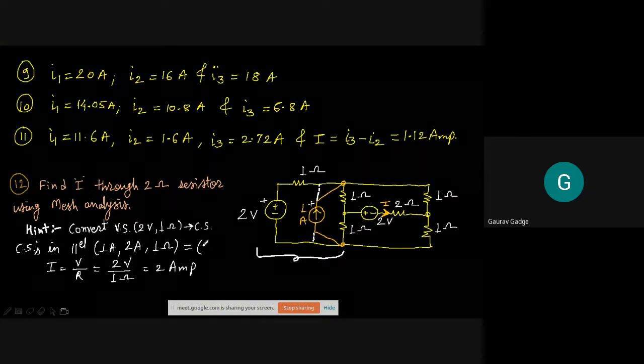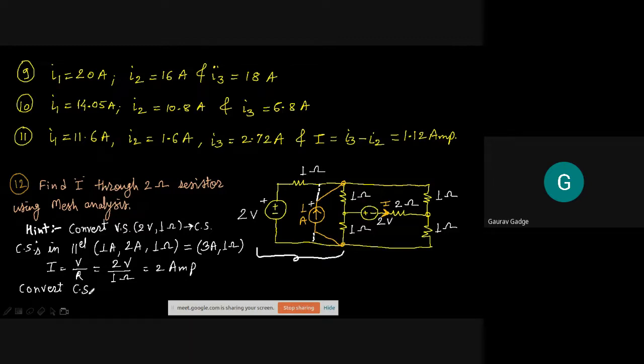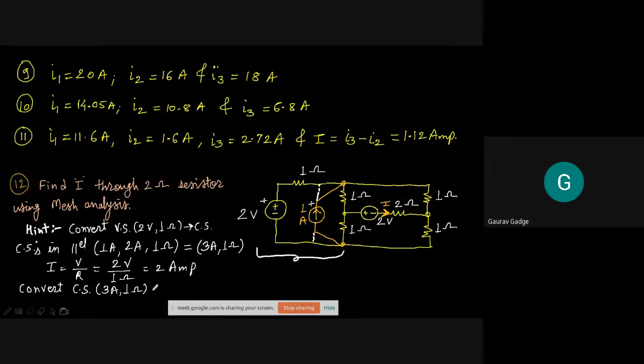So here you will get the addition 1 plus 2, that is 3 ampere, 1 ohm. So after getting that current source, you can convert it. अब current source आपका क्या रहेगा? Current source is 3 ampere 1 ohm. So convert that current source into a voltage source.